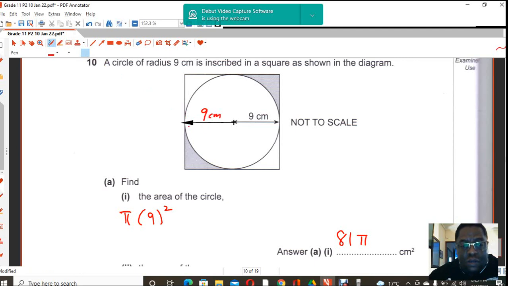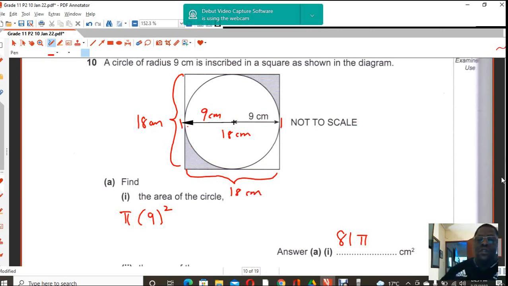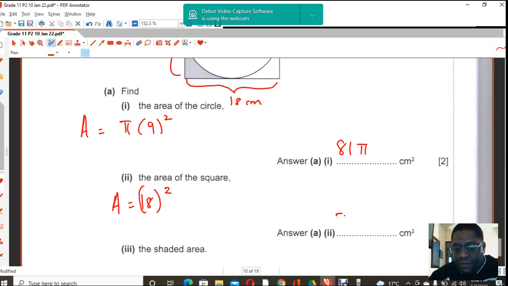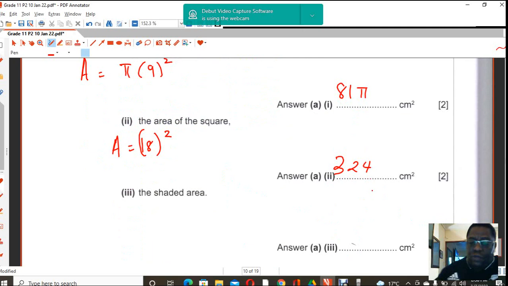So the whole thing from here to here will be 18 centimeters, which is the same as the distance of that, 18 centimeters. So the area of a square is 18 times 18. Area is 18 centimeters times 18 centimeters. Well, you get 324.